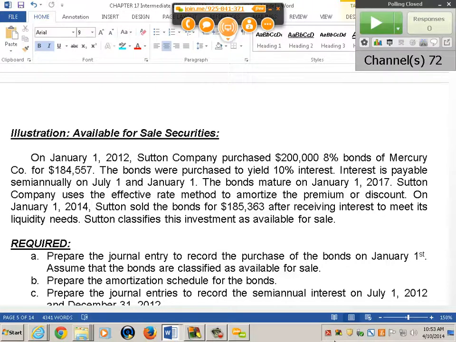Okay, then they tell us that they sell the bonds on January 1st of 2014. I'm going to go back to this, but they sell them for $185,363.